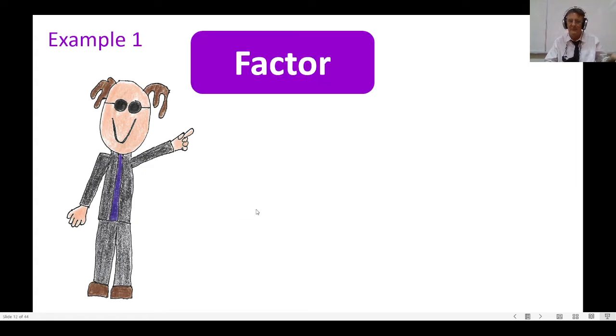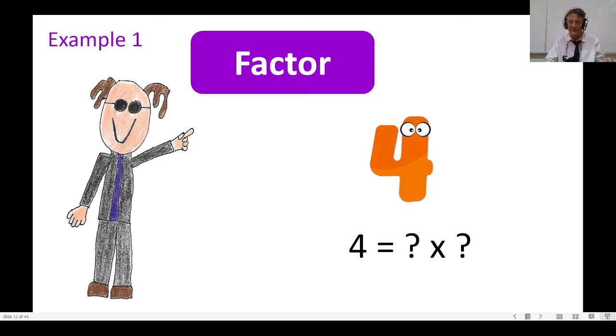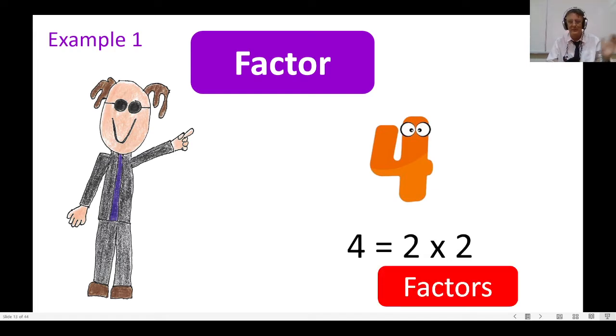So example, factor 4. What are the factors of 4? We know that 4 is the answer. What's the question? What times what equals 4? Yes, 2 times 2 equals 4.